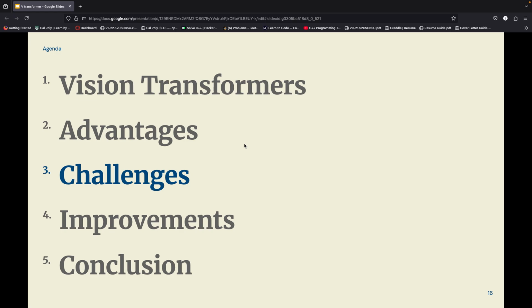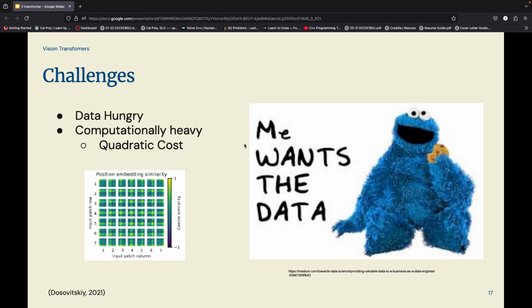And here are some challenges with vision transformers. If vision transformers did not have any challenges, then they would have completely taken over the vision world, and there wouldn't be any more research in convolutional neural networks, like LSTMs in NLP.